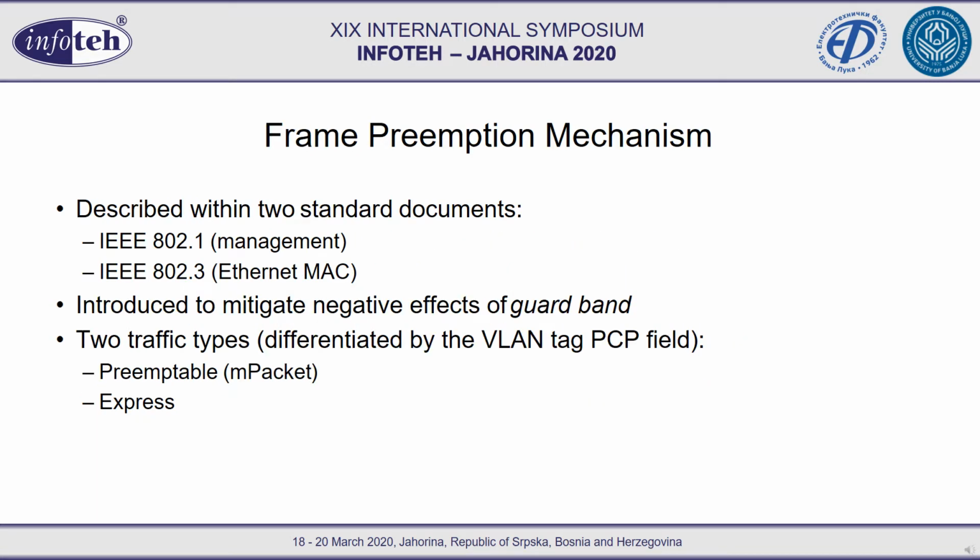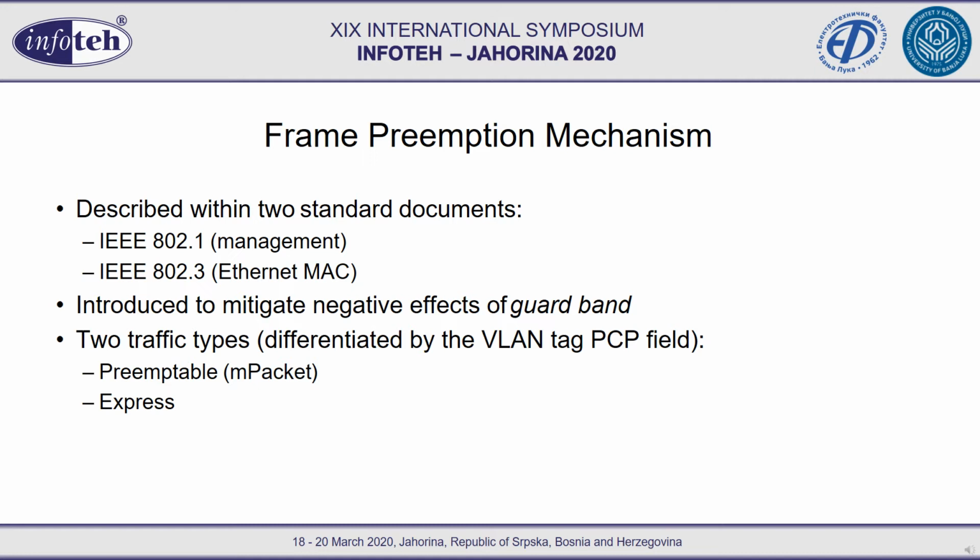Let's talk a little bit about frame preemption mechanism. So it is described within two standard documents, IEEE 802.1 management layer and IEEE 802.3, which is more related to Ethernet MAC. It is basically introduced to mitigate negative effects of guard band.